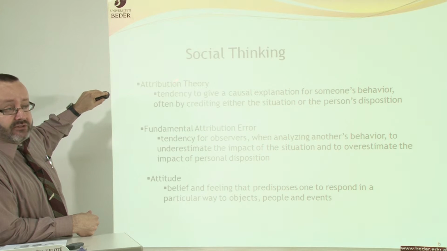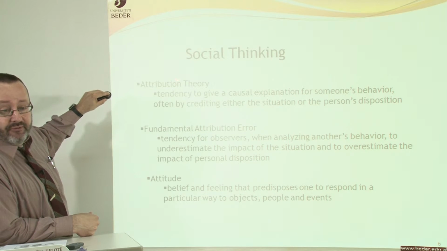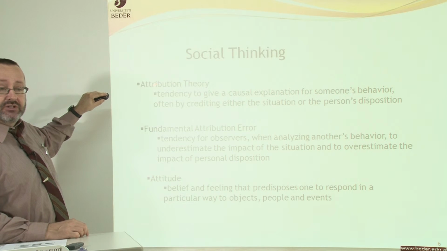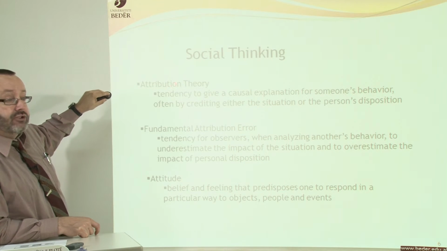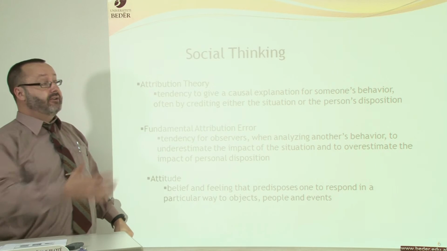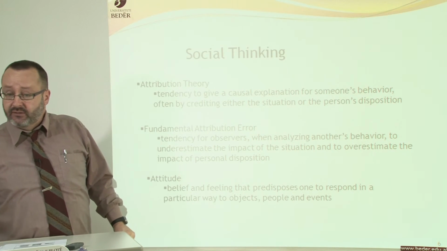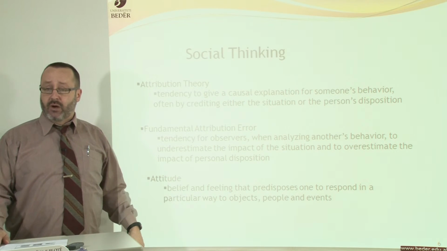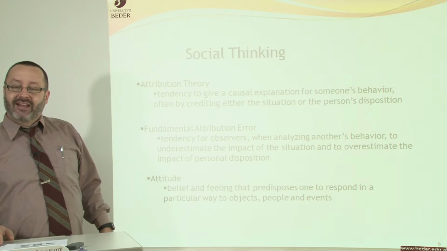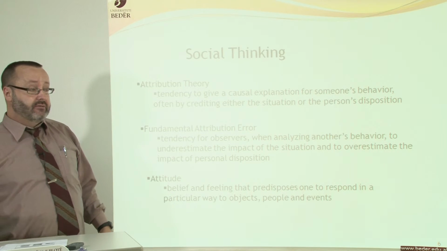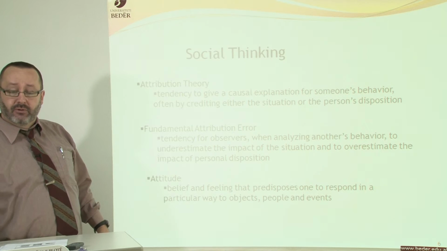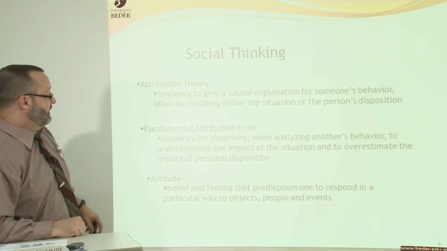To attribute something is to say that that is the result of something. So I attribute everyone being sad to the fact that it's raining today, or it was raining earlier, but it's not nice weather today. So that's attribution theory, saying when the weather's bad, people don't seem as happy.